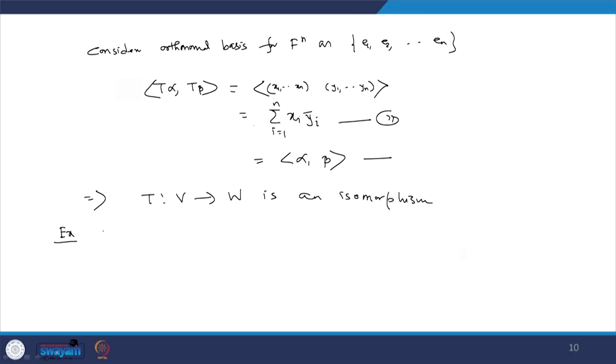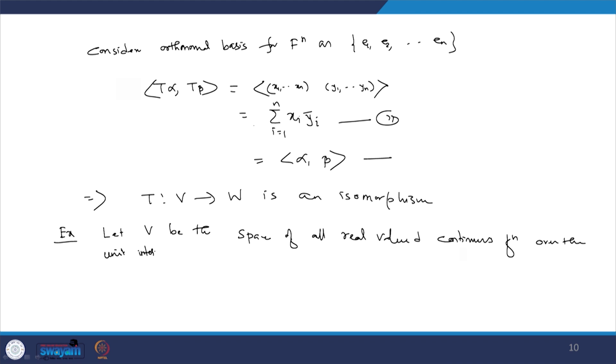So, let me consider this: let V be the space of all real valued continuous functions over the unit interval, 0 less than or equal to t less than or equal to 1.